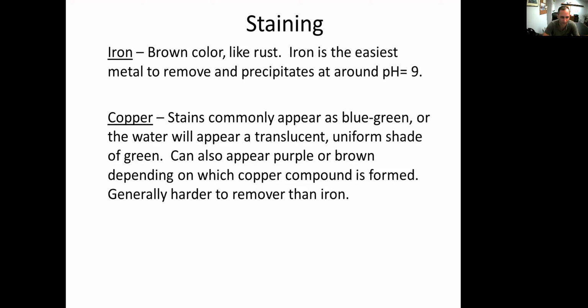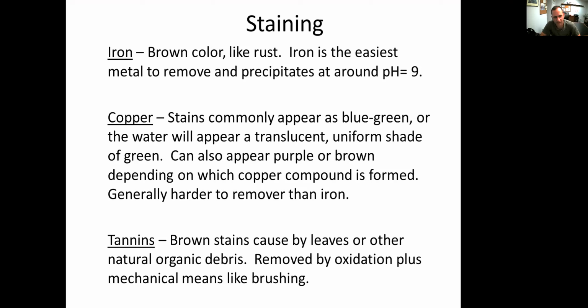So it's sort of an uphill battle sometimes if you're trying to remove stains from a surface that's not in good shape. Sometimes the only thing you can do for a permanent fix is to replace the liner or get the pool replastered.